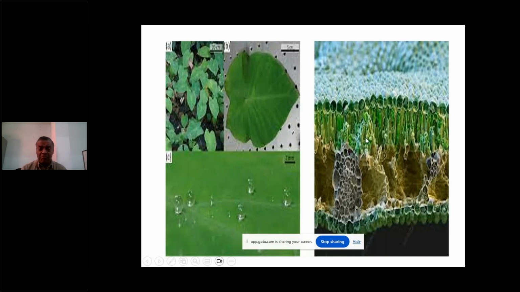So they microscopically studied this texture of this leaf, and it was like this. A similar fashion was created on the surface of buildings to throw off the rainwater so as not to get the building surface wet. As a result, they were able to throw the water away from the surface.